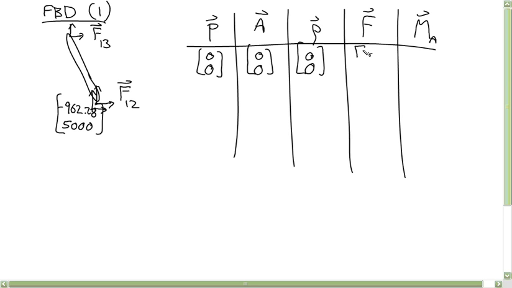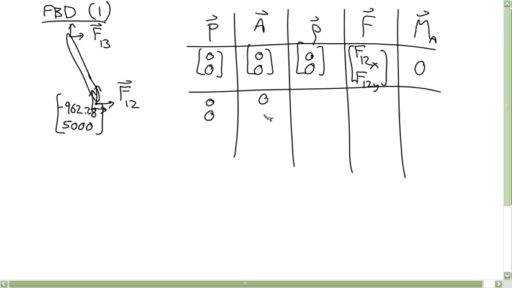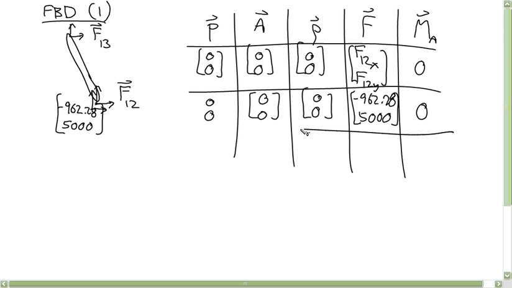we have F12x, F12y, and we have negative 962.28, 5,000, 0. And then up here, this is at negative 0.5, positive 0.866.